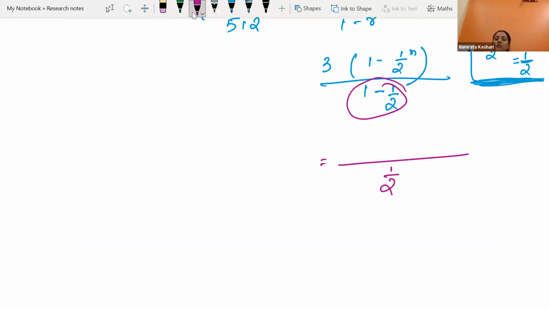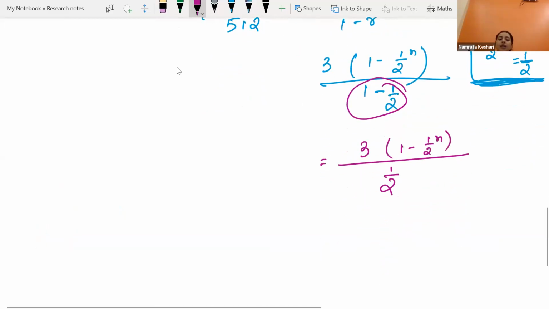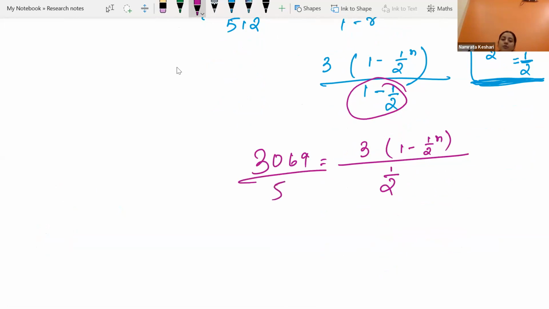And in the numerator, this 3 and 1 minus 1 by 2 to the power n, I am still writing as it is. On the other side we have 3069 by 512.